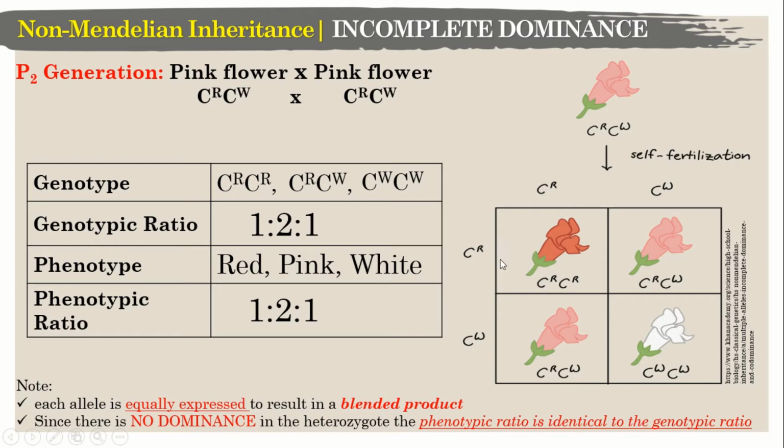So one red, two pink, one white. Because there is no dominant and the alleles are equally expressed, the genotypic ratio is the same as the phenotypic ratio. Is it understood? So if there is a blending of the traits, that is incomplete dominance, because you are able to produce a new trait which is known as an intermediate trait.